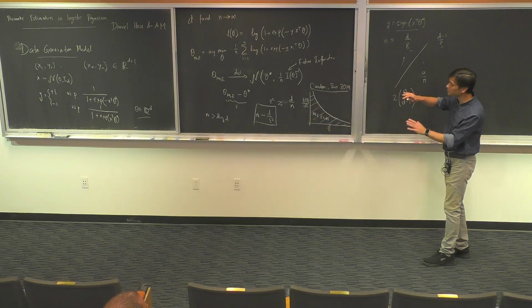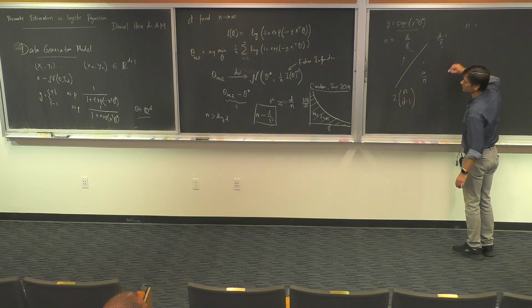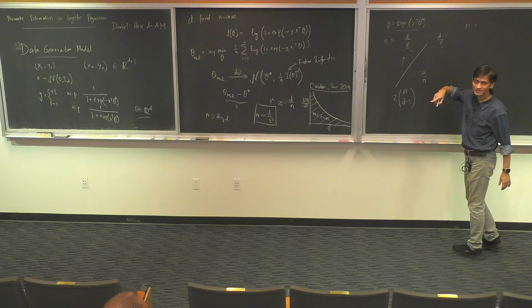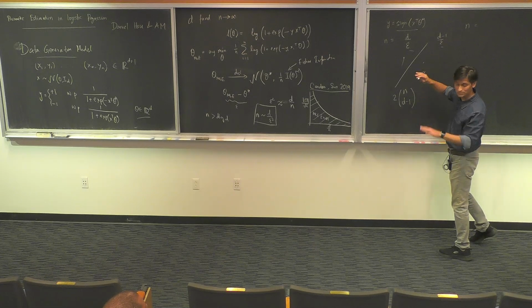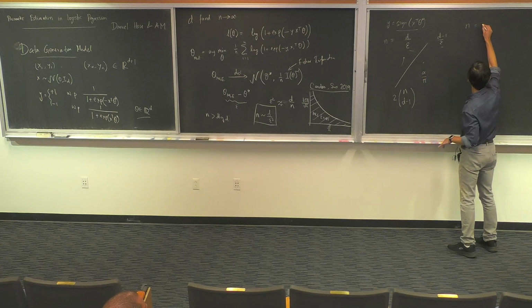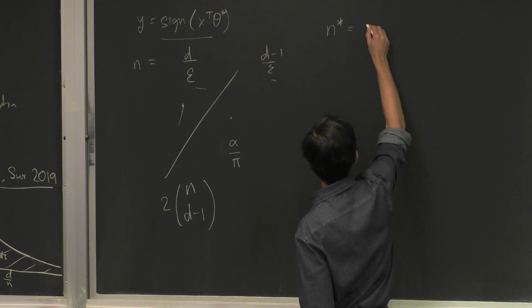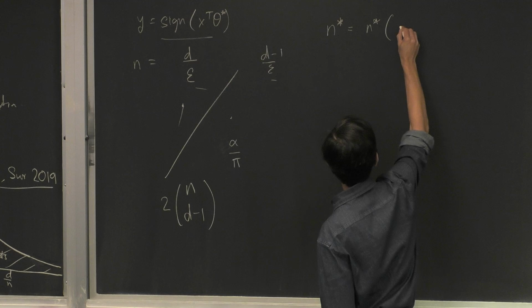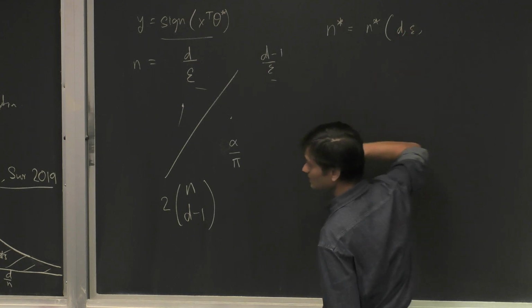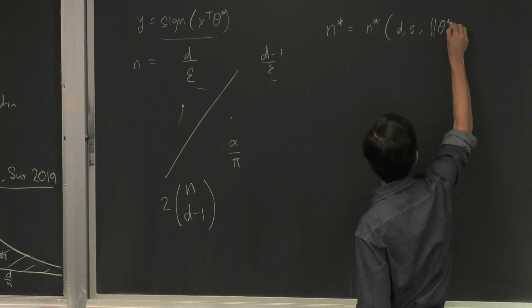So we need to know n as a function of not only d and epsilon, but also the norm of theta. In this talk, we are going to see that. So what if I want to write n star, which is the sample complexity, as a function of d, epsilon, and the norm of theta star, right?